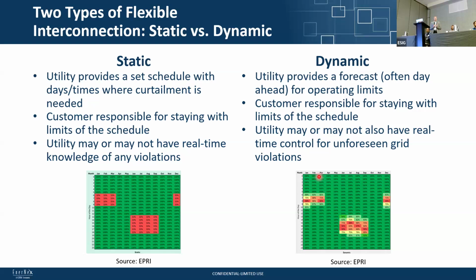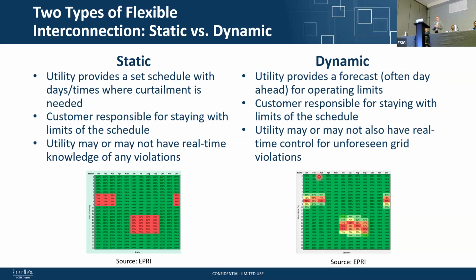Now, more dynamic, closer to real time. There still probably was an upfront study, and they know how much curtailment may be needed, but they're not going to set a fixed schedule. Instead, they provide a forecast, often day ahead, though it could be more real time than that, and the customer is responsible for acting a little more quickly. This may even get into actual real-time monitoring and real-time control of those DER sites.